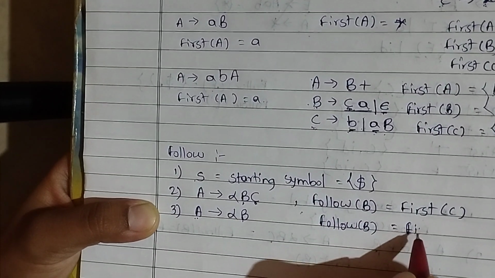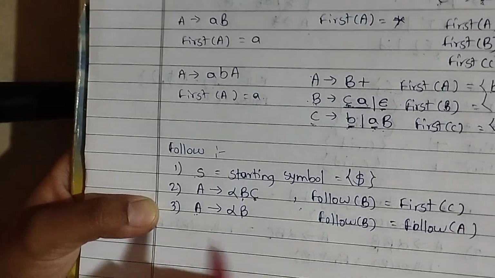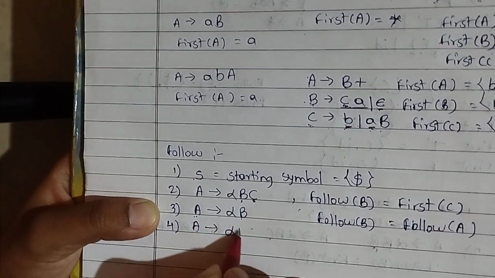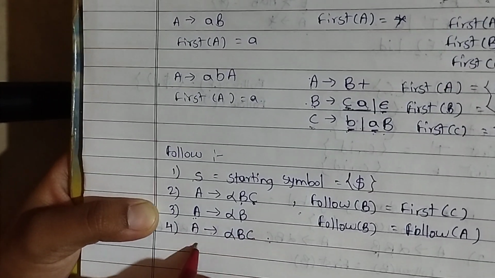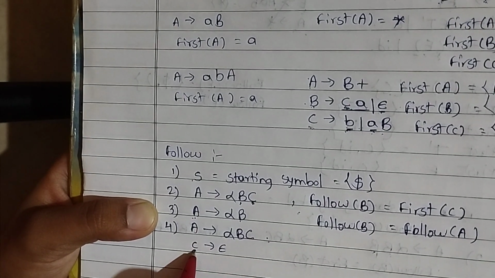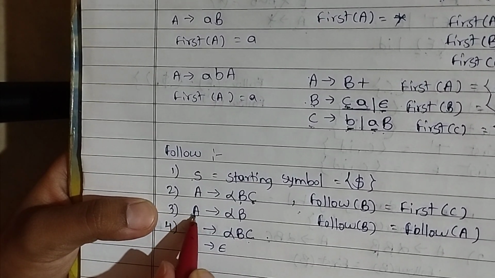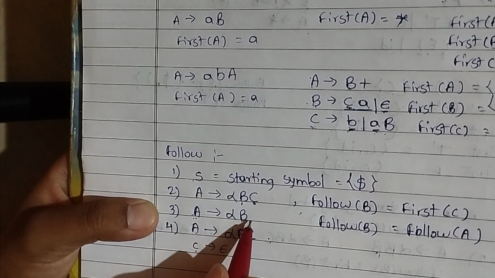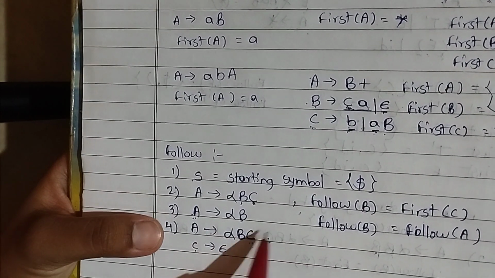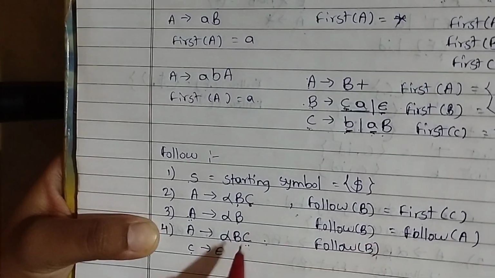So here we find the follow of A. Now the next, fourth condition is, if A → αBC and C → null, then we put null here. Then again we see the same condition like A → αB, because here we consider null. Then what is the rule? Find the follow of B, then we find the follow of A.